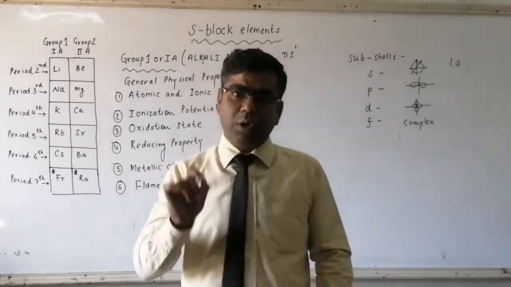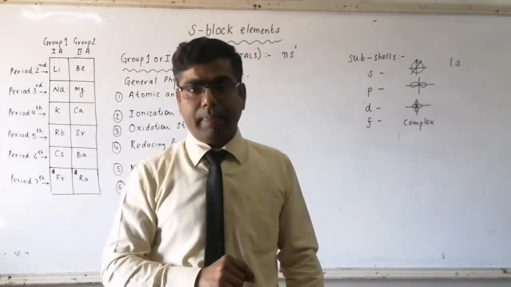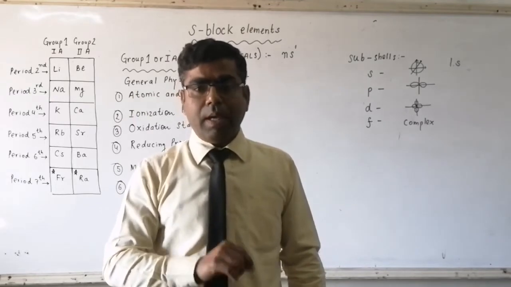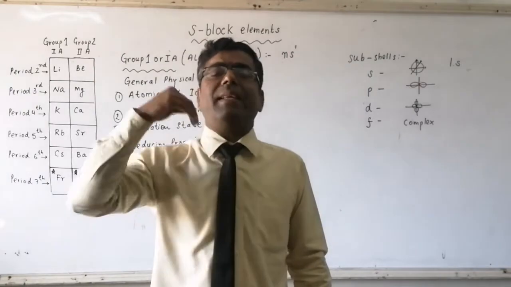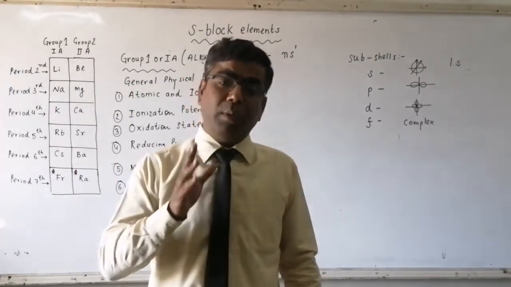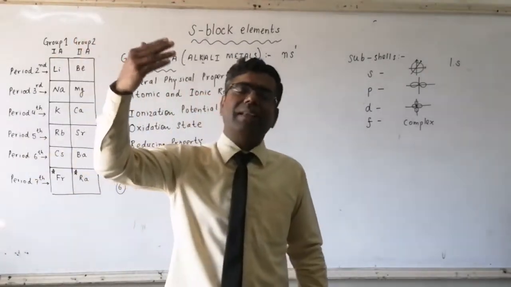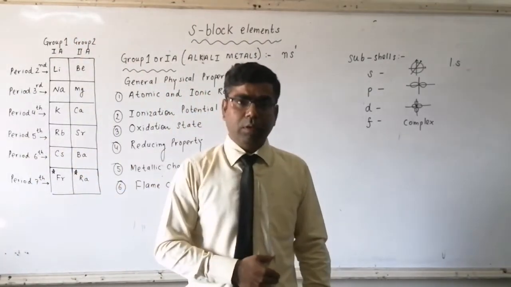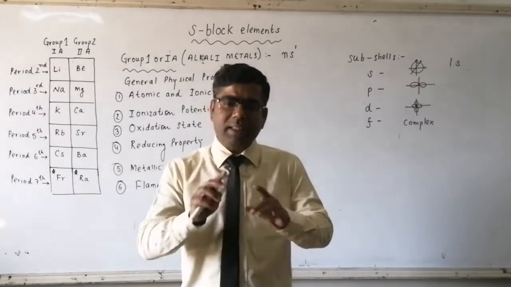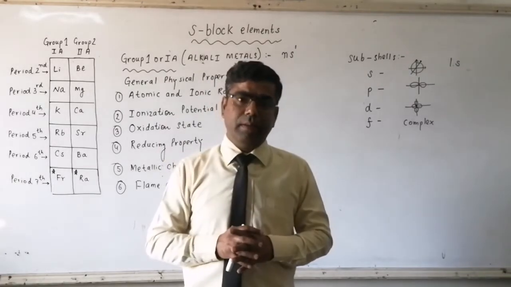The S subshell which belongs to the first energy level is called 1s. The S subshell which belongs to the second energy level is called 2s. The S subshell of the third energy level is called 3s, then 4s, 5s, 6s, 7s, and so on. So for the first energy level, only one subshell is possible, which is called 1s.